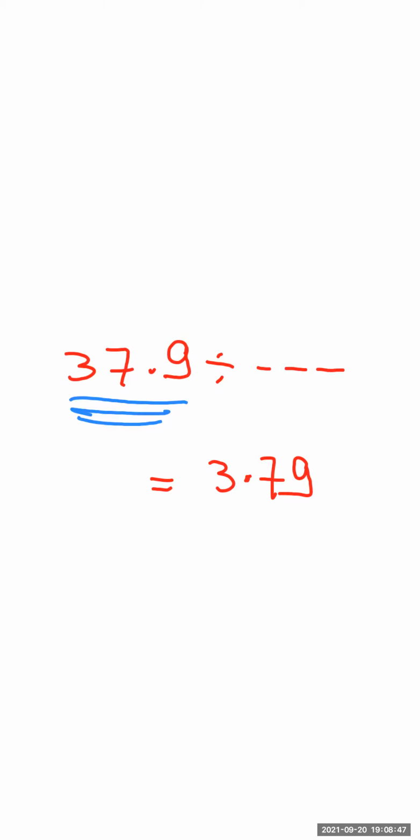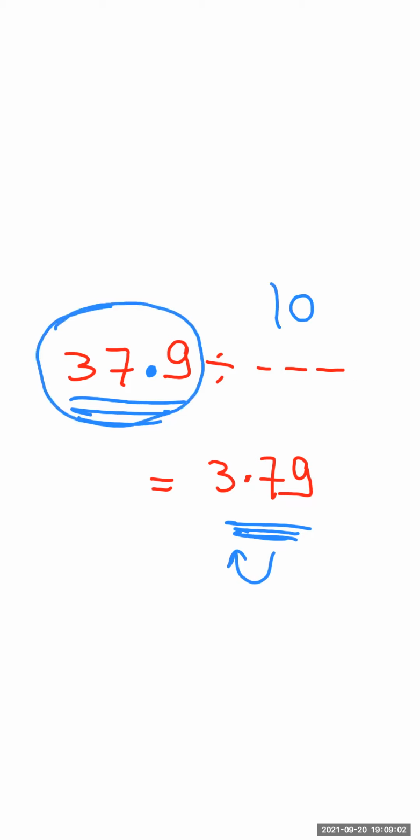Here, the decimal point was between 7 and 9. Now the decimal point in the answer moved one place to the left. So this means that number was divided by what? By 10, correct? Exactly. Because the decimal point moved one place to the left in the answer, this means it was divided by 10.